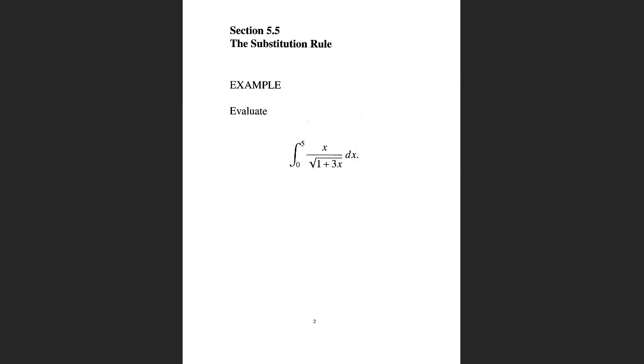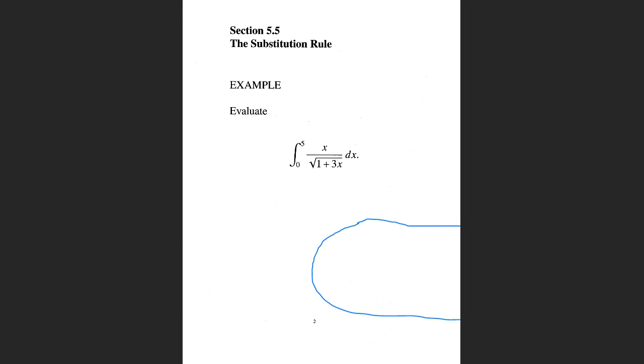All right, so we are continuing our exploration of section 5.5, the substitution rule. And now we are going to work with a definite integral. As you know, a definite integral represents the area under a curve.